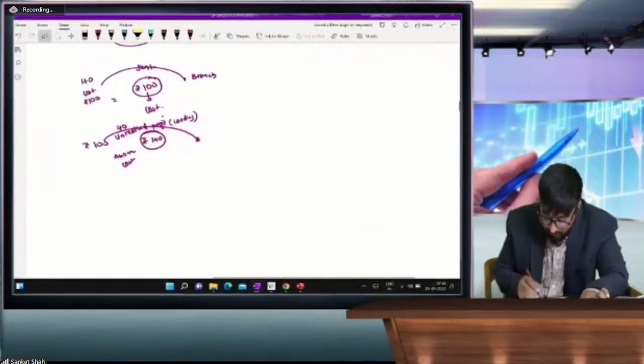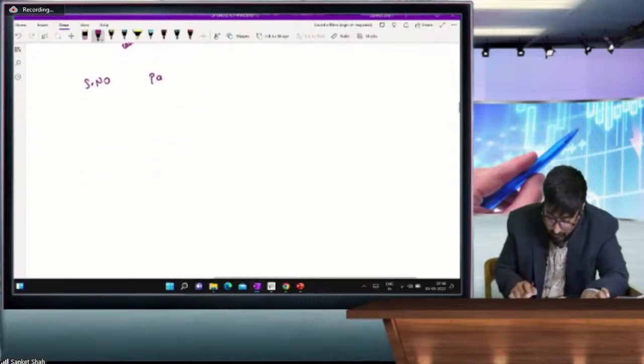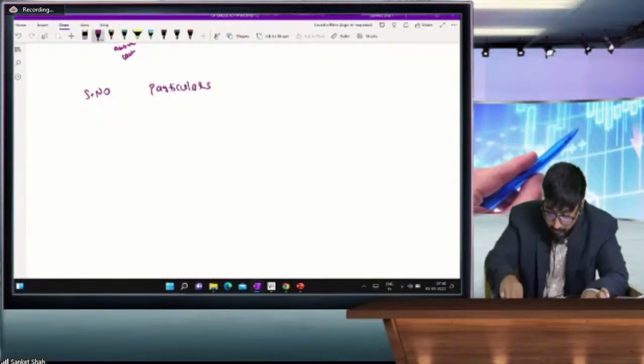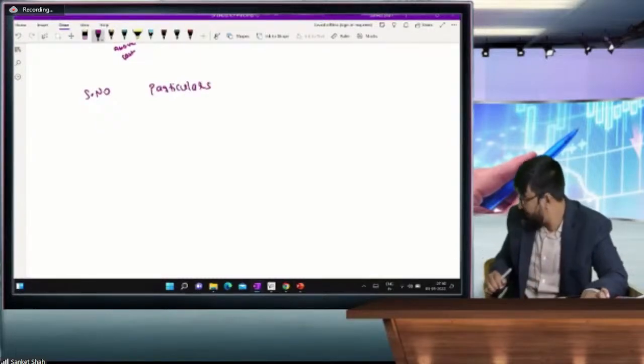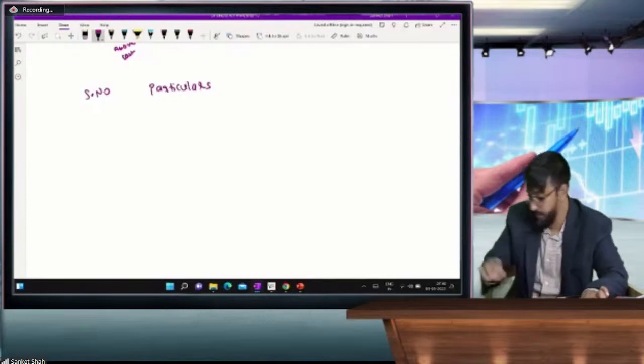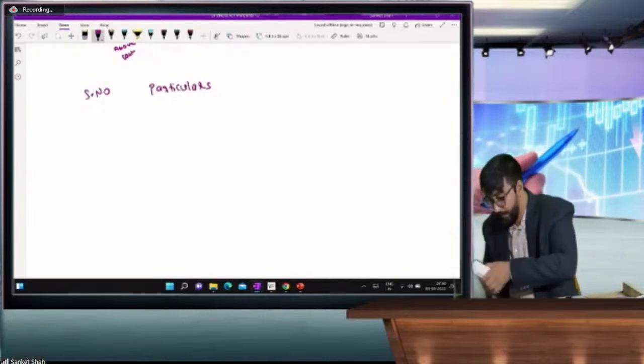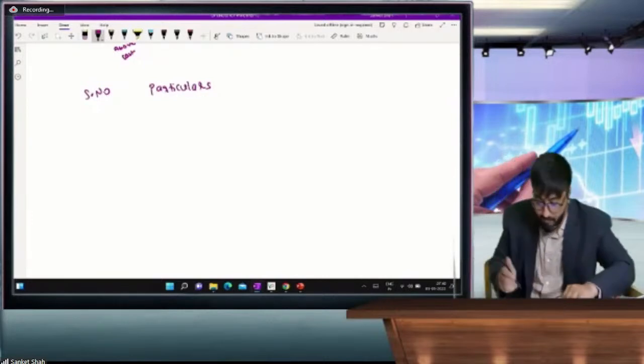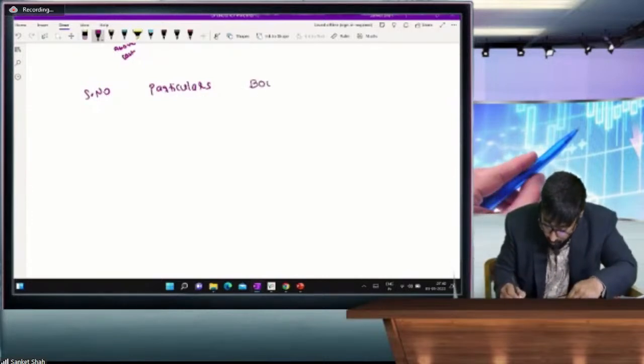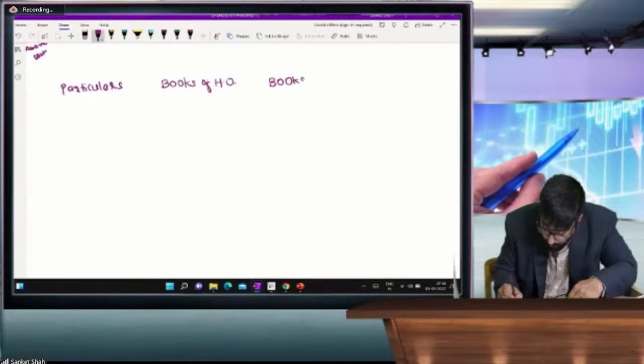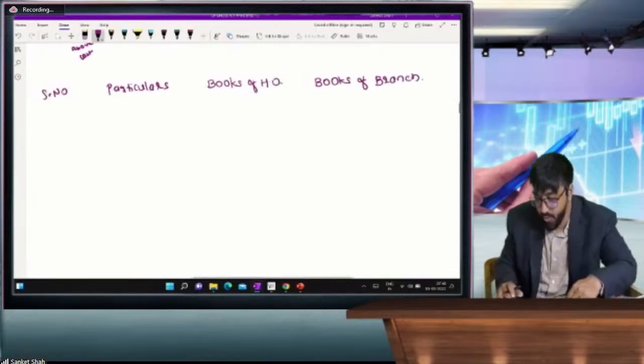Serial number, particulars, books of HO, and books of branch.